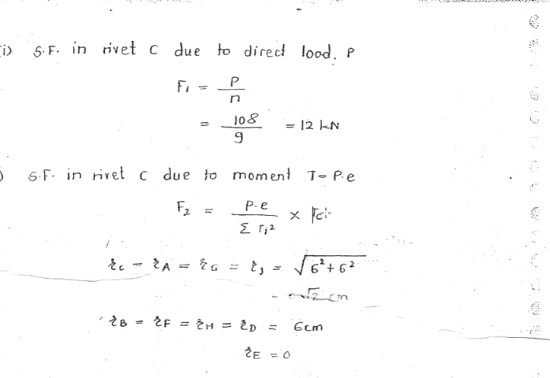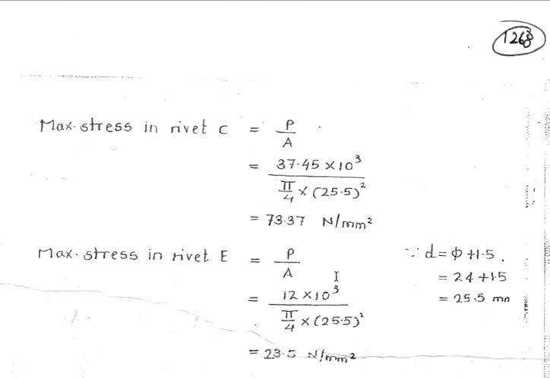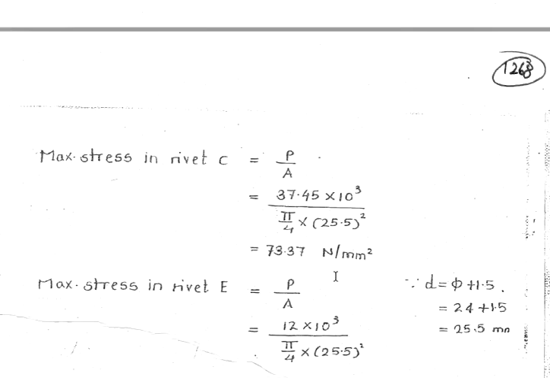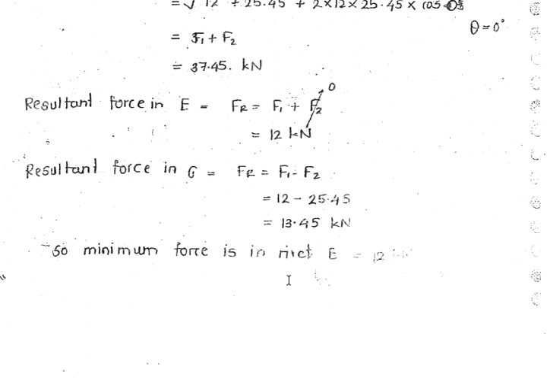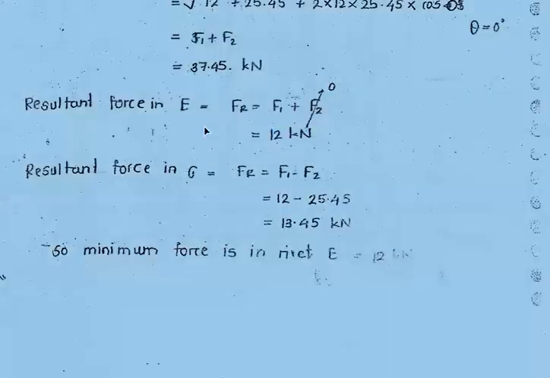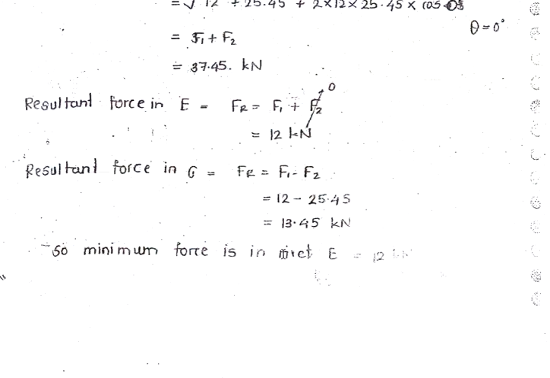So for E, RC becomes 0, so no F2, only 12 kilonewton, which is due to the direct force. So the minimum force in the rivet is actually 12 kilonewton, not in G. This was a mistake. The minimum shear force comes out to be 12 kilonewton, that is in E.